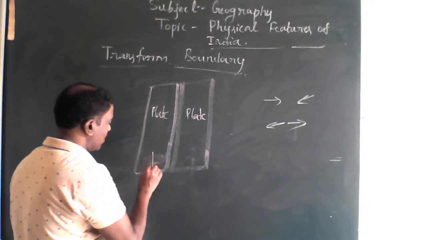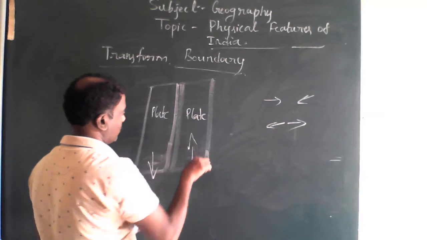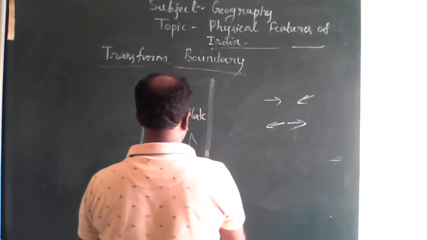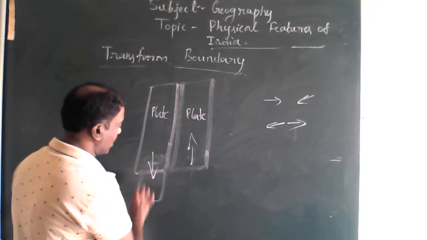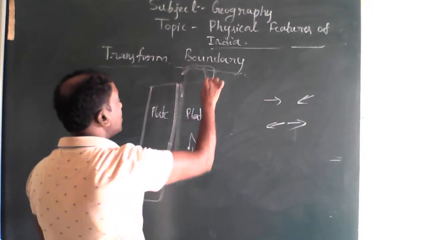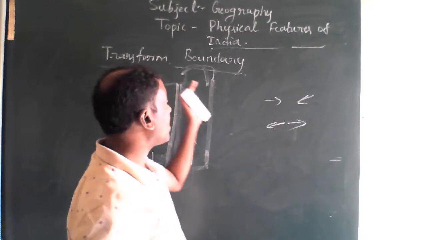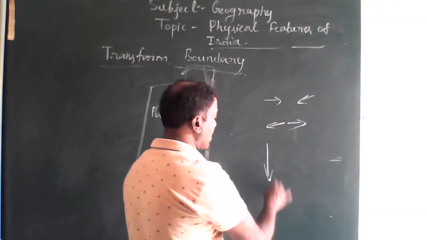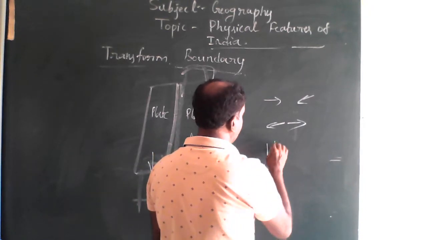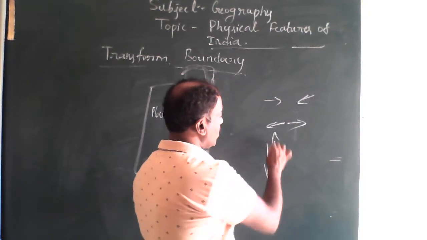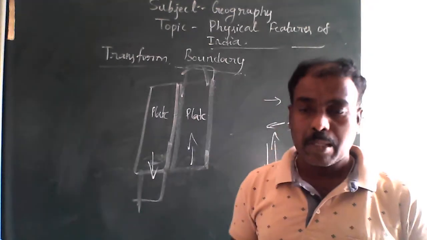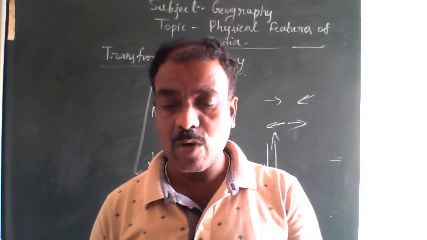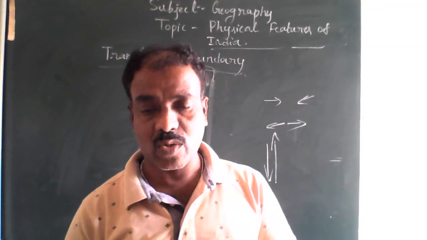For example, like this, this one comes in this direction and this one moves in that direction. Now this forms a transform boundary. So some plates are moving in this direction and some plates are moving in the other direction. I hope, dear students, you understand about this.